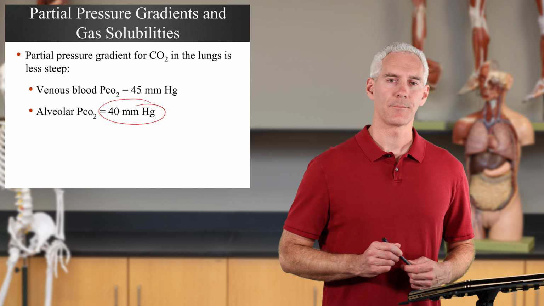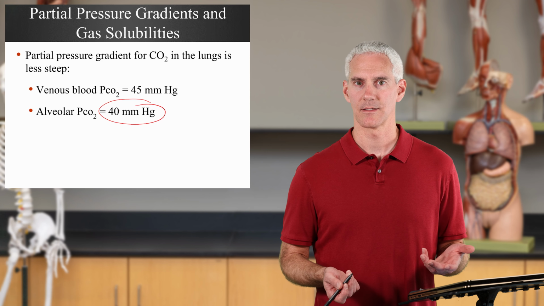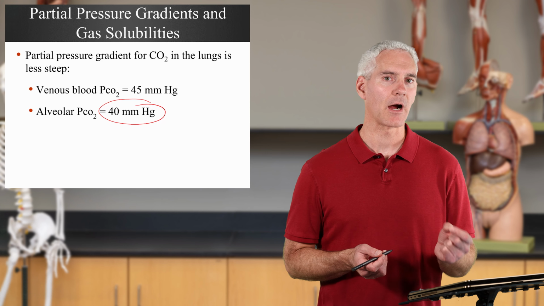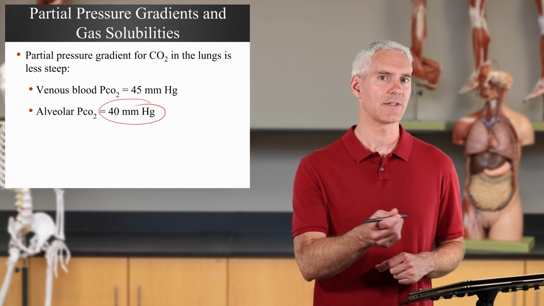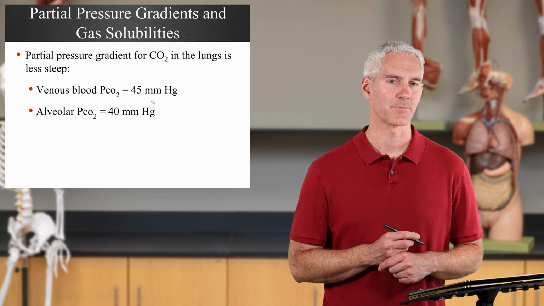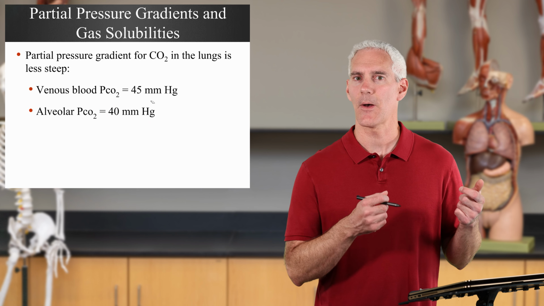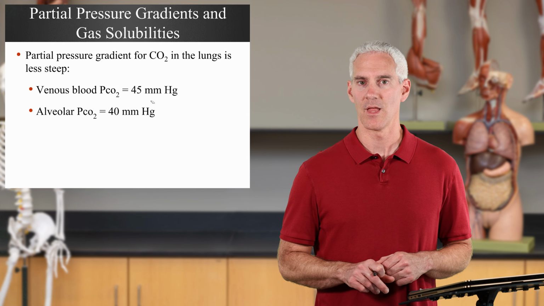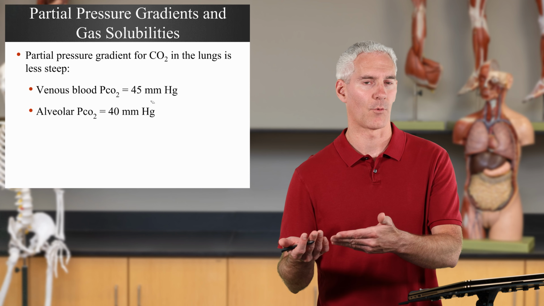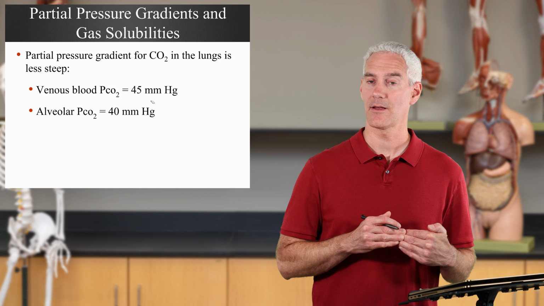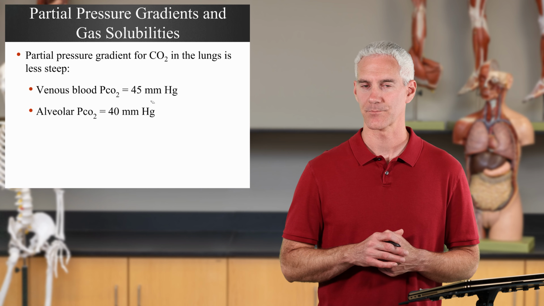The alveolar partial pressure is only 40. That means inside the alveoli, that partial pressure of carbon dioxide is 40 millimeters of mercury. So now we've only set up a gradient of 5 millimeters of mercury because you're going from the blood, 45 millimeters of mercury, into the alveoli, 40 millimeters of mercury.